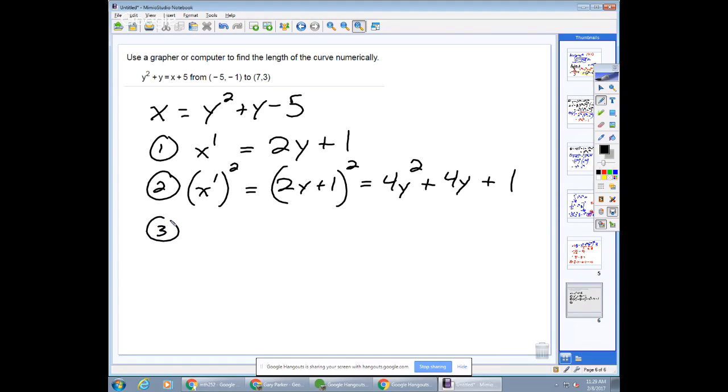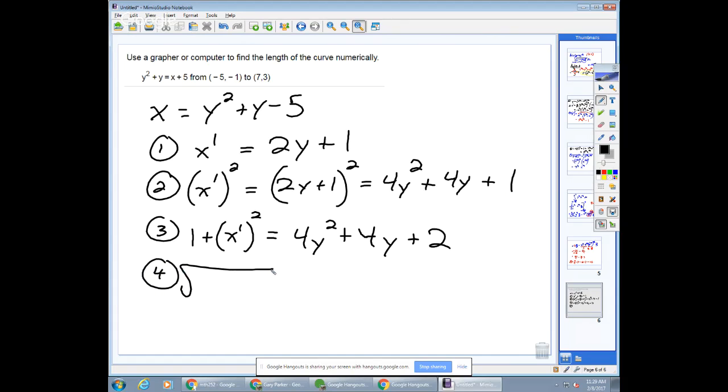Step 3, add 1 to that squared derivative. Well, that's not too bad. 4y squared plus 4y plus 2. Step 4, take the square root of that whole thing. Now, just note here, I did have a perfect square until I added 1 to it, so it's no longer a perfect square, which means I can't clean up the square root.